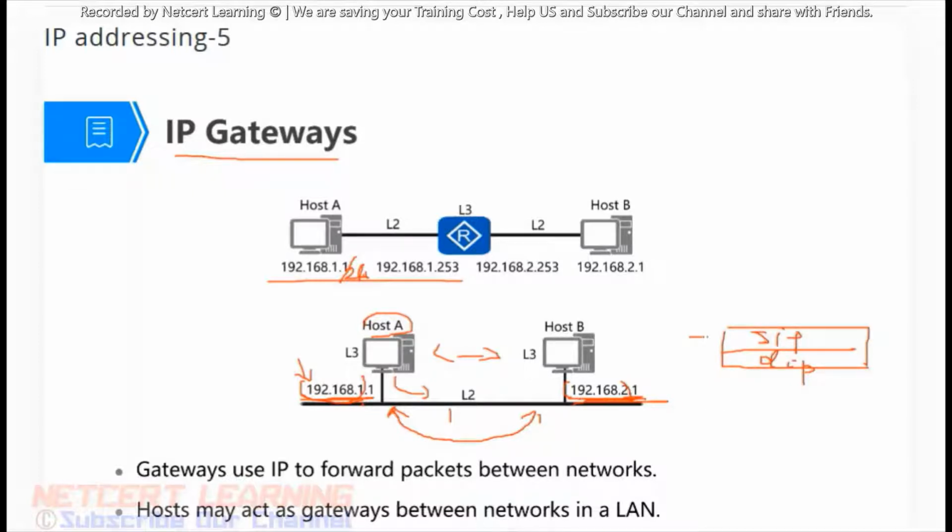First, the source IP, of course, itself, and the destination IP, still this computer. But when this packet sending out, this host must know the destination IP is not exist in the same network. So this computer, host A, first we are searching for the gateway.